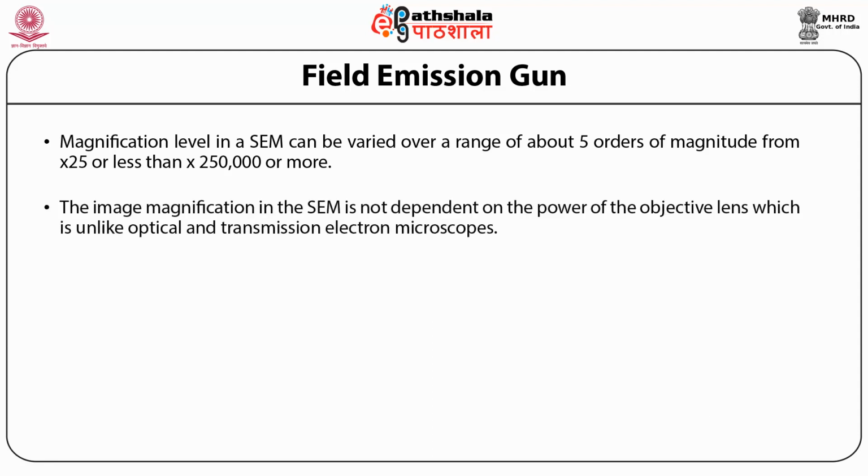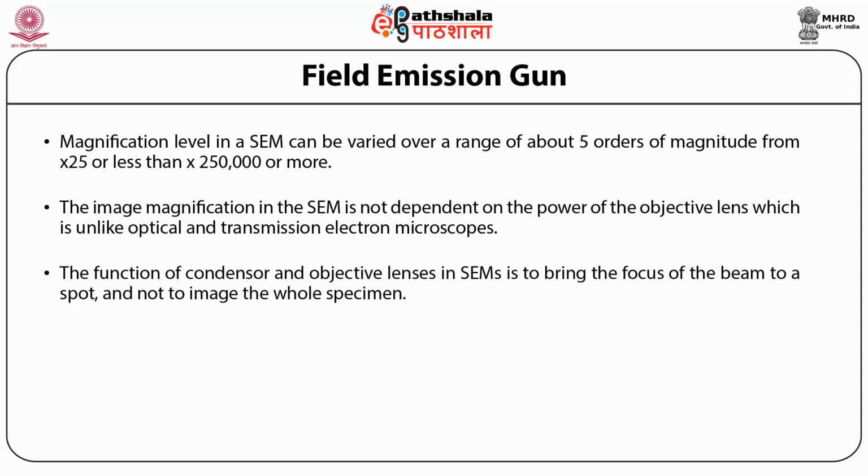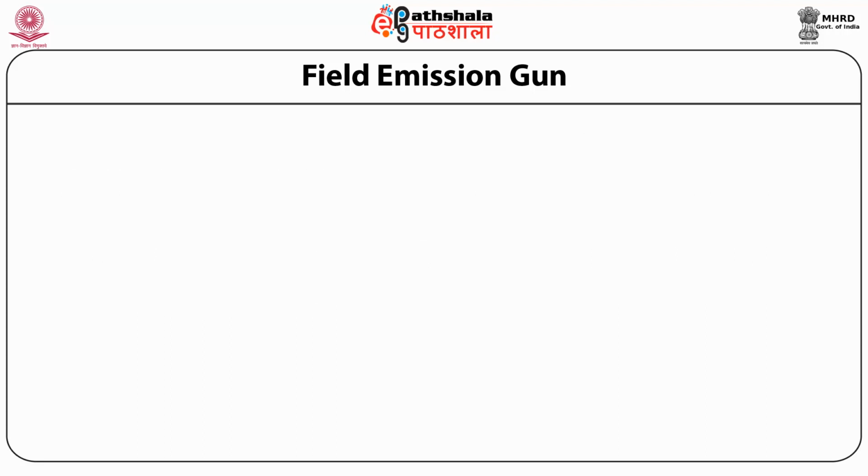The image magnification in the SEM is not dependent on the power of the objective lens, which is unlike optical and transmission electron microscopes. The function of condenser and objective lenses in SEMs is to bring the focus of the beam to a spot and not to image the whole specimen.